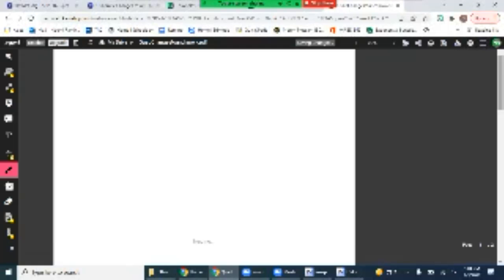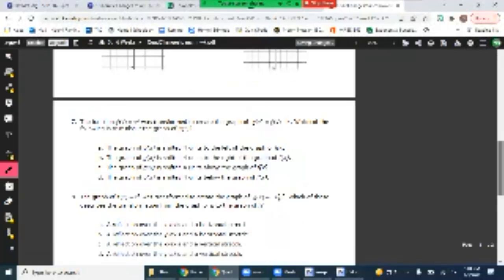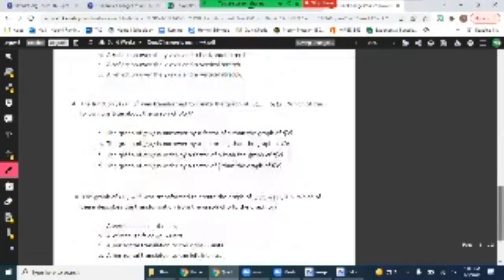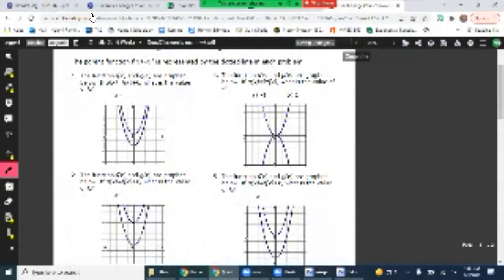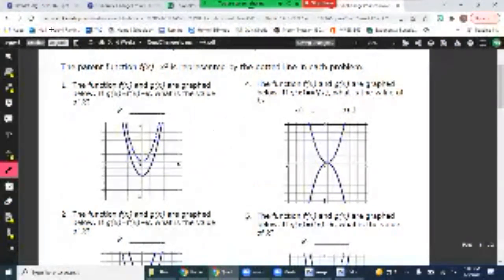Okay. The back side of this assignment is going to be multiple choice. It'll have your phrases, horizontal stretch and shift. Okay? So just make sure you're looking at that carefully. The front side is the one that sometimes can be a little confusing. They're asking for the value of K. If you look at the new function, K is located where? Behind or in front? Behind f of x.